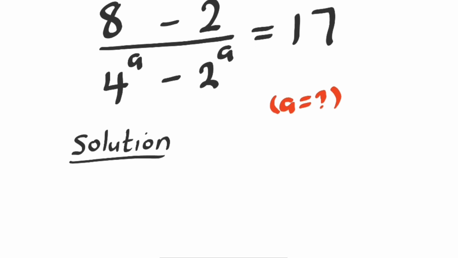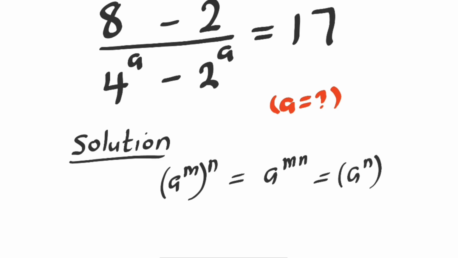If you have (a^m)^n, this is equal to a^(mn), which is equal to (a^n)^m.